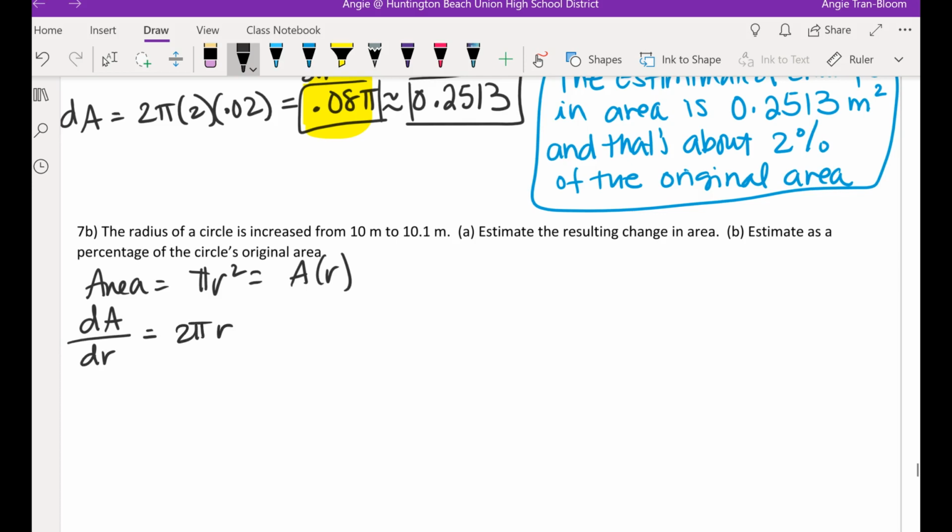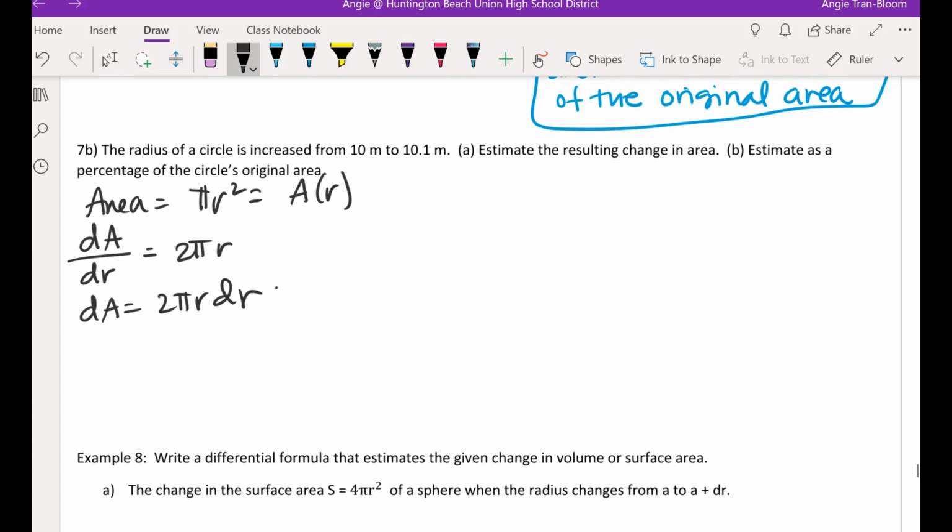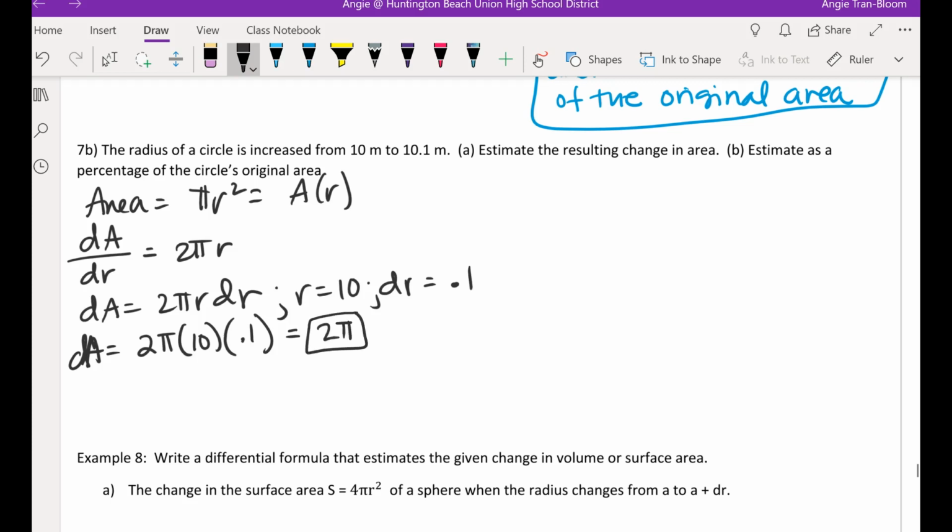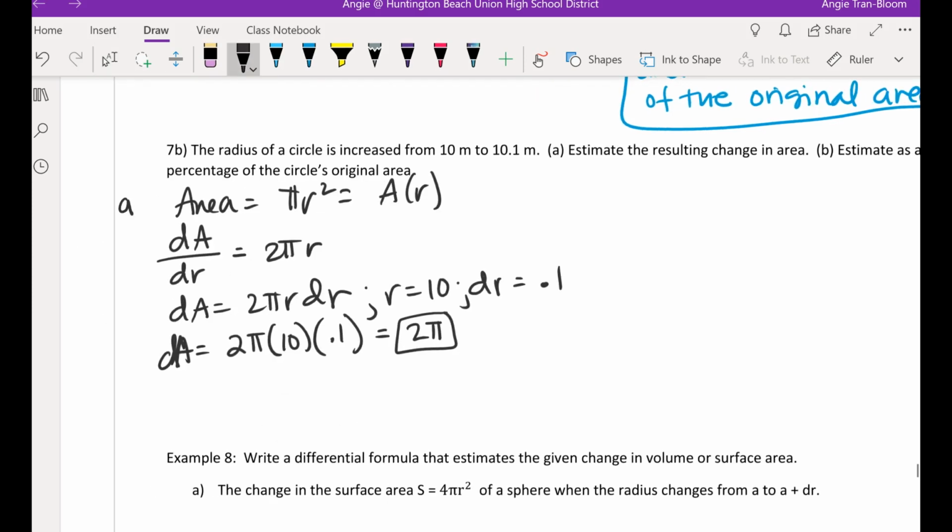So take the derivative, multiply both sides by dr, so dA equals 2 pi r dr. Your radius is 10, so I'm going to put in 10 for the radius, and dr is going to be 0.1, so dA equals 2 pi times 10 times 0.1. That will shoot out to be just 2 pi. And again, I'm going to write a complete sentence for both parts later, but let me just do the math first, okay?